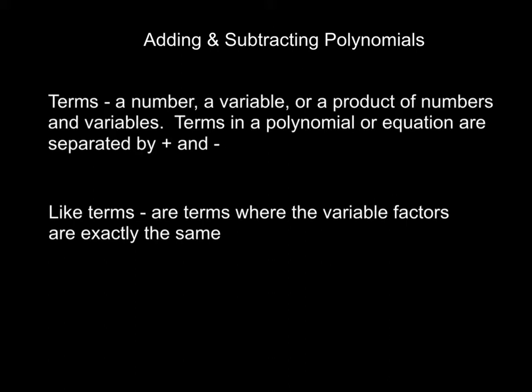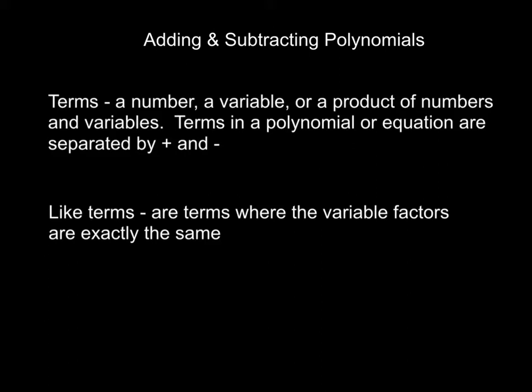A term is a number, a variable, or a product of numbers and variables, and they are separated by pluses and minuses. So that's where you can tell where one term starts and the other one stops. Okay, like terms are terms where the variable factors are exactly the same. Okay, and so that does include the exponents.